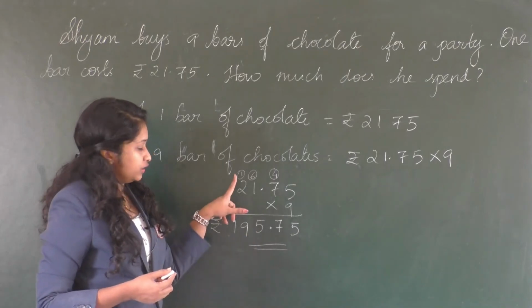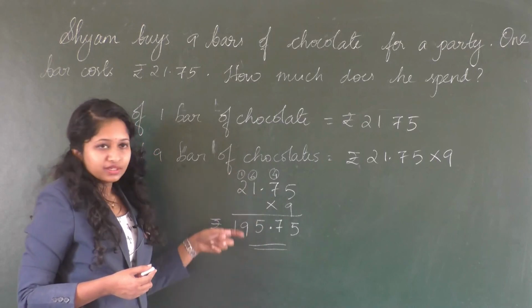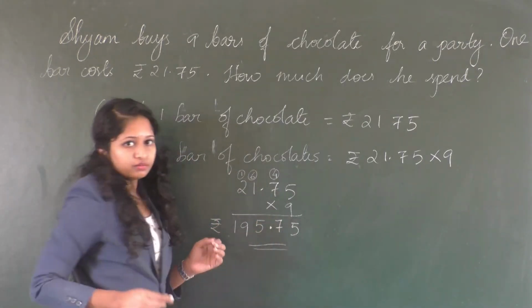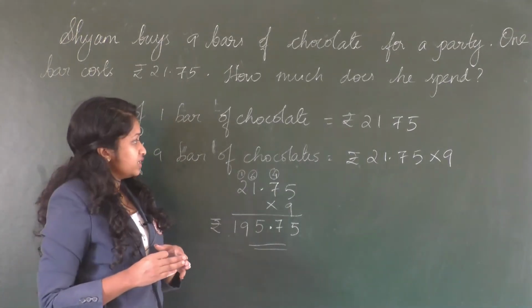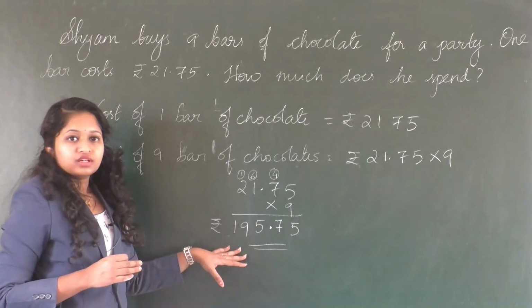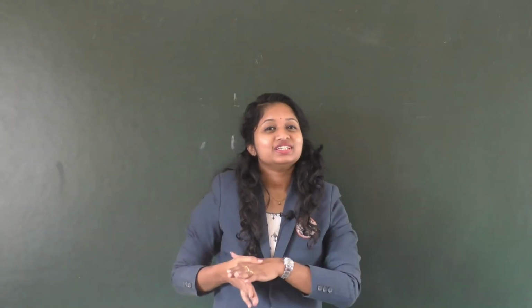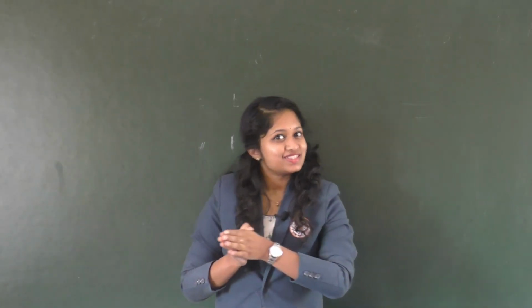Write 5 here and 1. And 9 2s are 18 plus 1, 19. So remember to put the point in the correct place. So the cost of 9 bars of chocolates is rupees 195.75 paise.